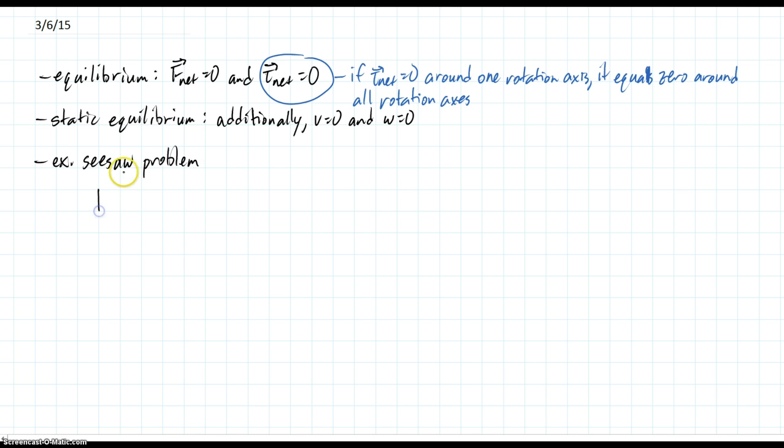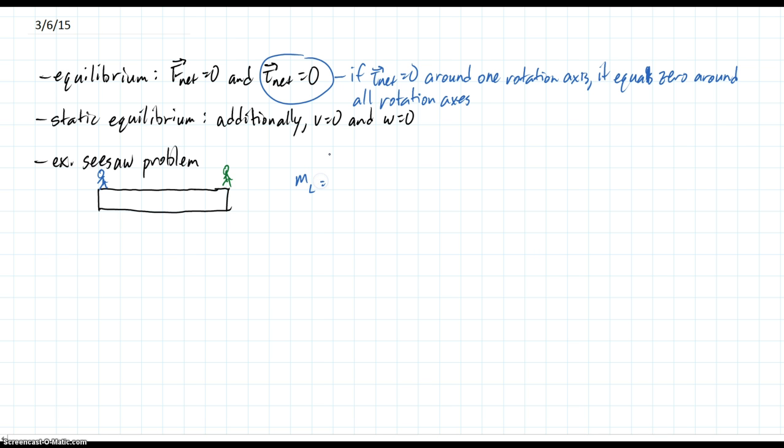So let's say that we have a 2-meter long seesaw. And we have a person at one end, and we have a person on the other end.